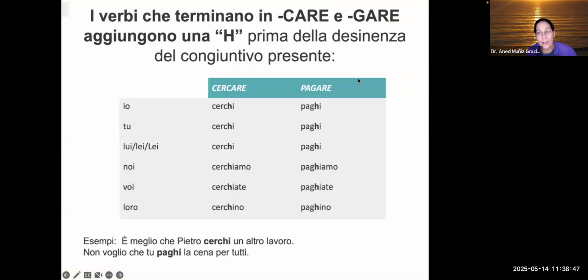And then also these are just reminders. You should be used to this already because we've been doing it a lot. So if you are putting an i after the c, you need the h, or after the g as well. Otherwise, it will be cerci or pagi, just like when we do that in present.